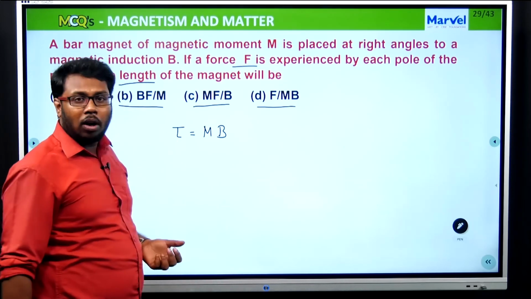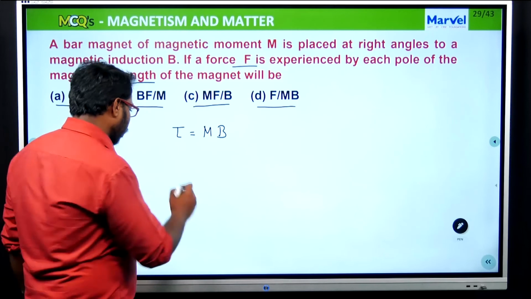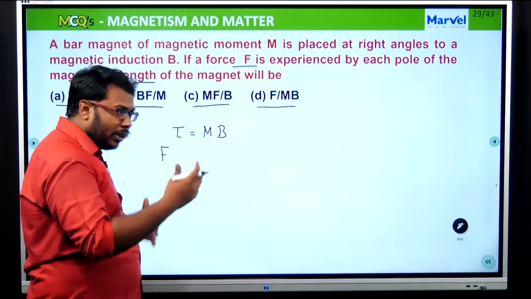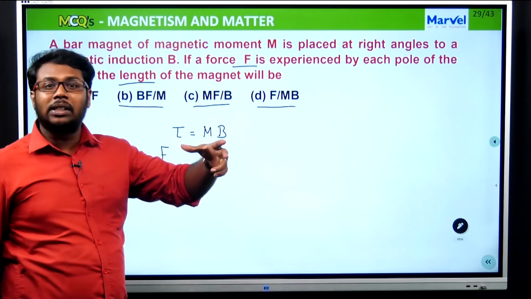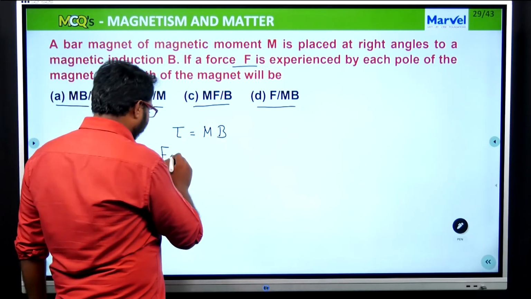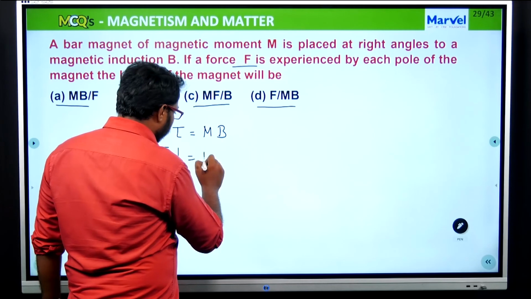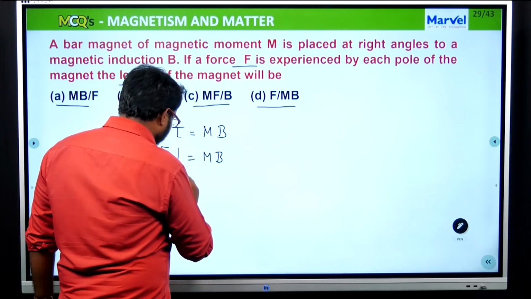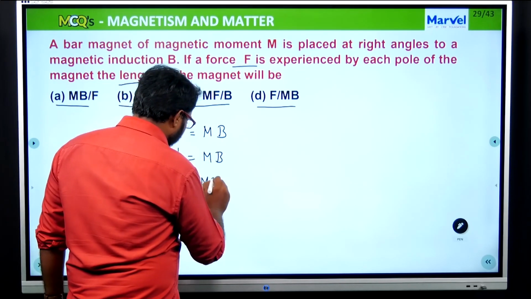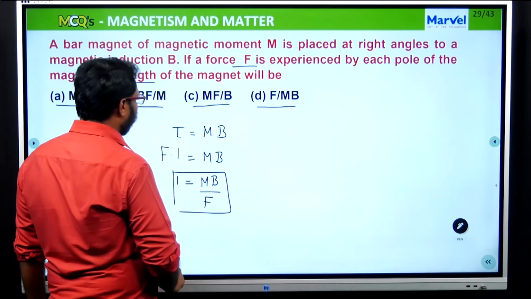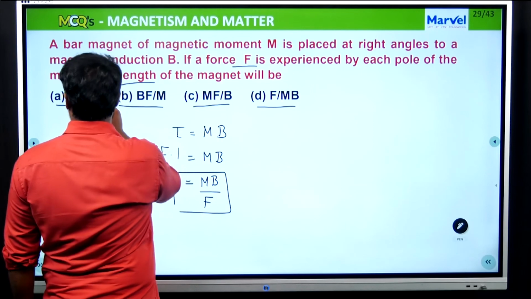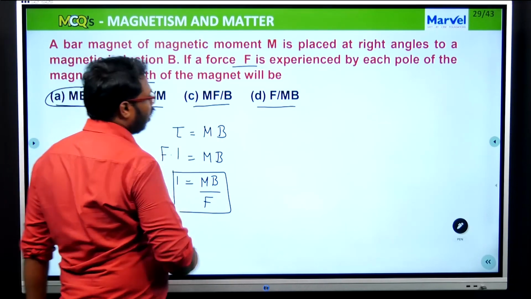So the torque can be rewritten as force times the distance between them. What is the distance between the two poles? It is F times L is equal to m into b, where L is equal to m into b by F. So option 1 is your correct answer.